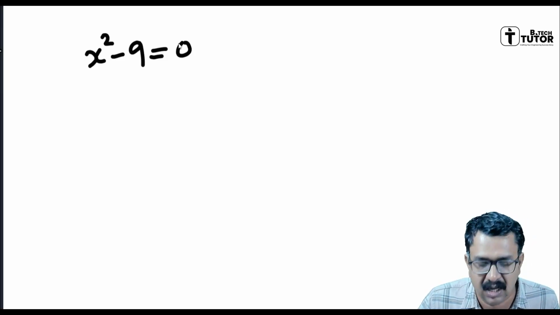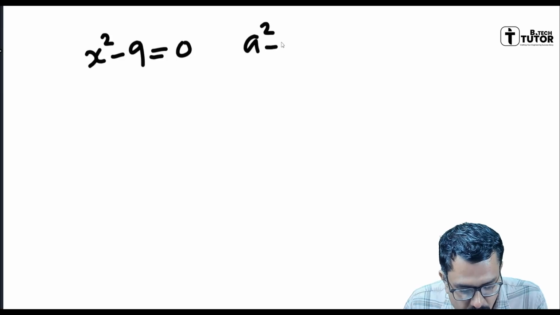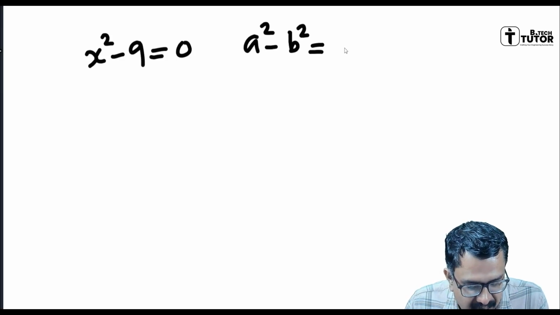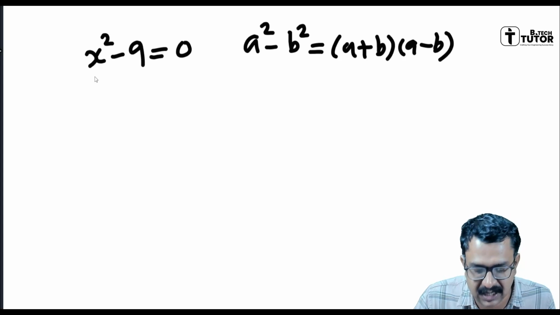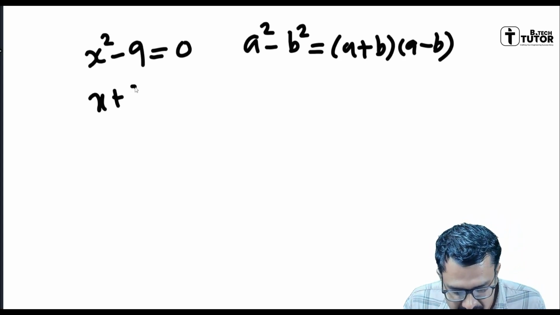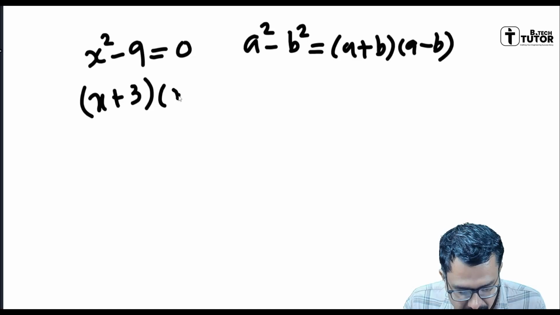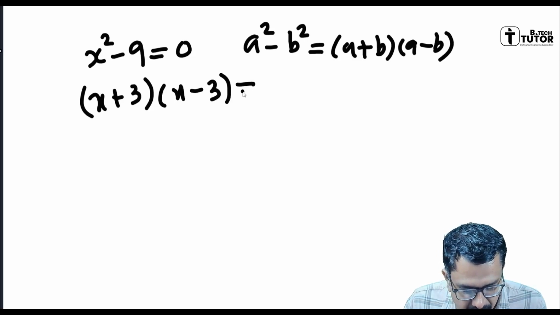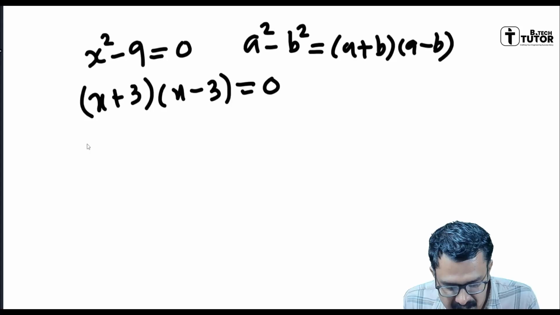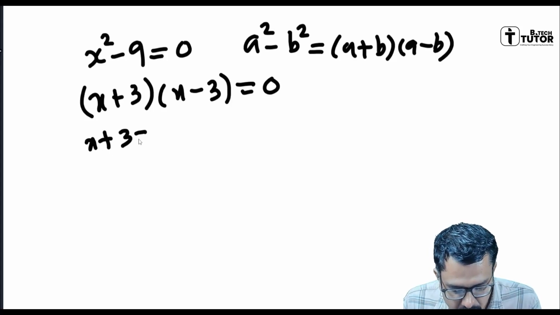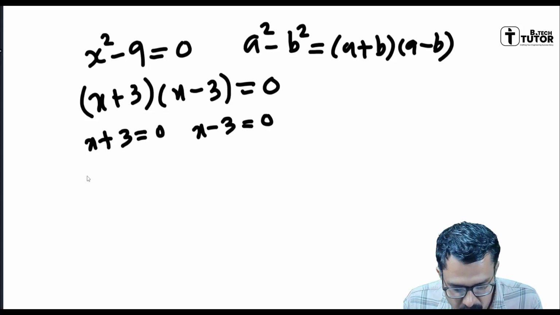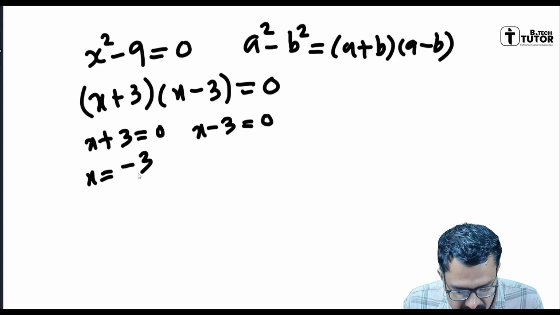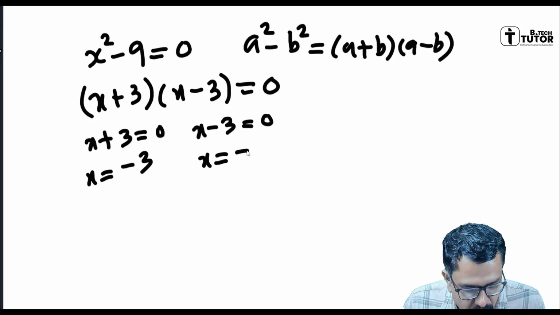The first one is that this is of the form a² − b², and the answer is (a + b)(a − b). Therefore, x² − 9 can be written as (x + 3)(x − 3) = 0. That means x + 3 = 0 or x − 3 = 0, that is x = −3 or x = +3.